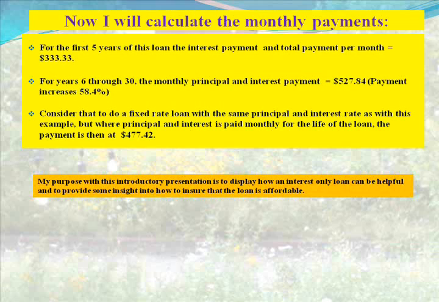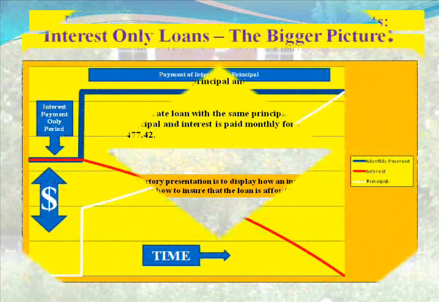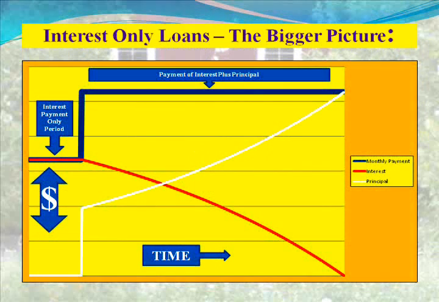Therefore, the payment increases 58.4%. Consider that to do a fixed-rate loan with the same principal and interest rate as with this example, but where principal and interest is paid monthly for the life of the loan, the payment is then $477.42.